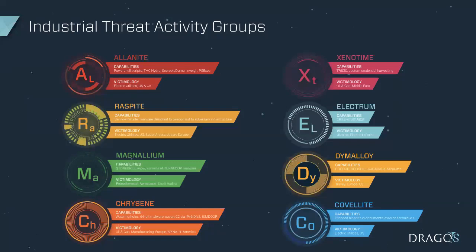And so for us, after looking at the data, and after we classify everything, we get to that question and we're like, okay, what victims? And we classify those again into countries of origin, or countries of operation, and sectors. So here it's the electric sector in the US and UK. That's how you use activity groups. And of course, we don't do a lot of public reporting, or very, very little.